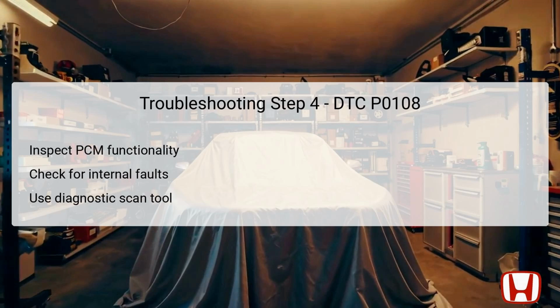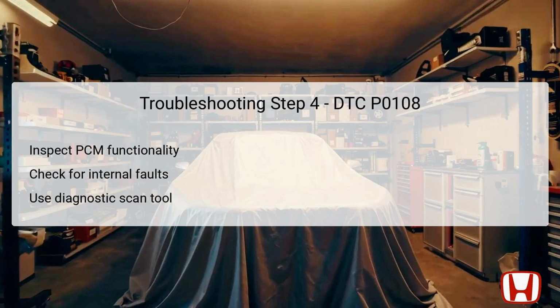The fourth troubleshooting step focuses on inspecting the powertrain control module, PCM, for potential internal faults. Employing a diagnostic scan tool will help in retrieving additional trouble codes that may provide insight into any underlying issues impacting the MAP sensor's operation. Check for software updates or calibration concerns that could affect PCM functionality.